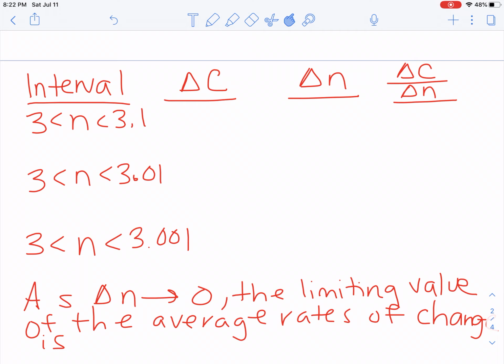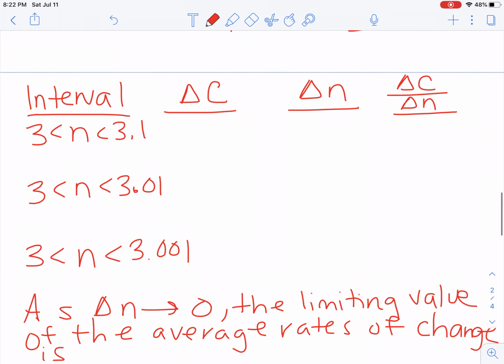So when I put those back into C, I'm just putting 3 in for n, so C at 3, and then C at 3.1, and I'm subtracting them, okay? I want all the decimals here, so you're just going to plug that into your calculator.